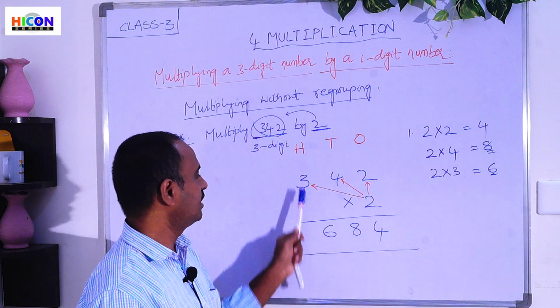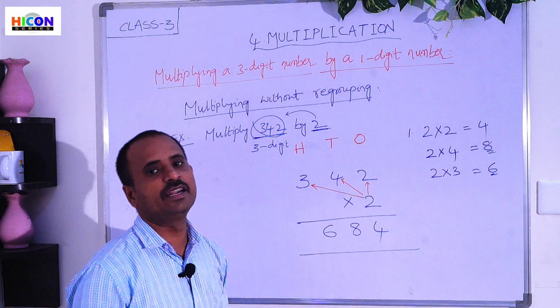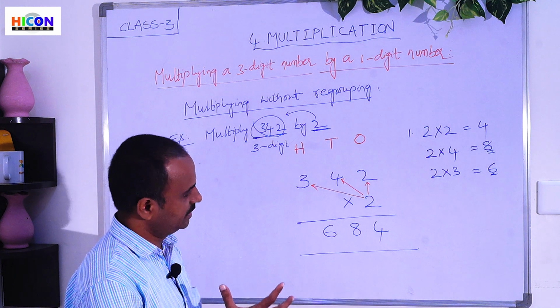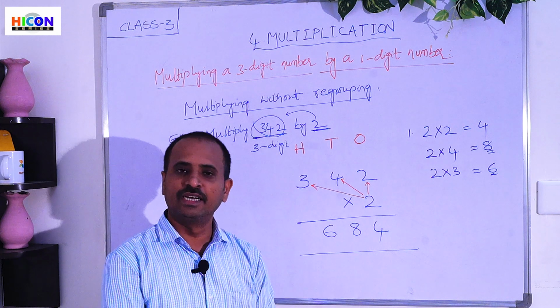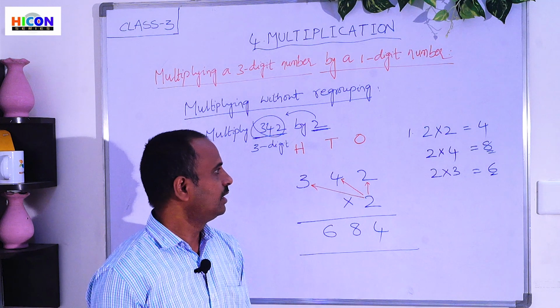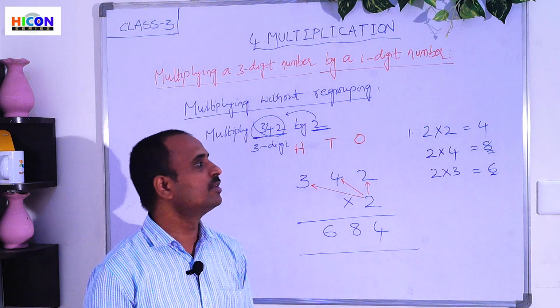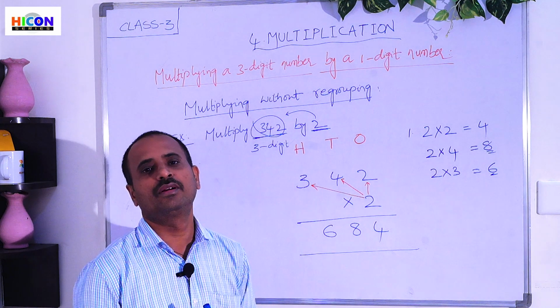Write the 6 under hundreds place. So the answer is 684. Children, this is the way to multiply a 3-digit number with a single-digit number without regrouping. Now let us practice some problems on multiplication without regrouping in the exercise part.